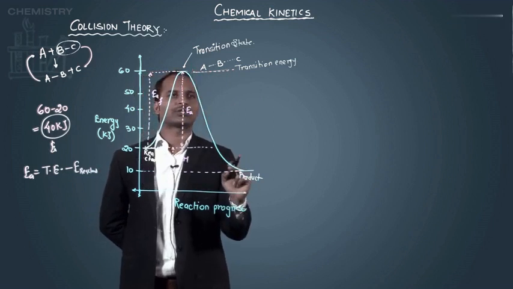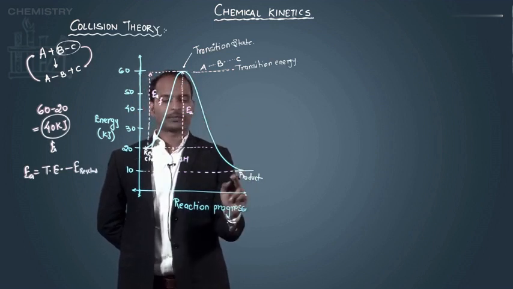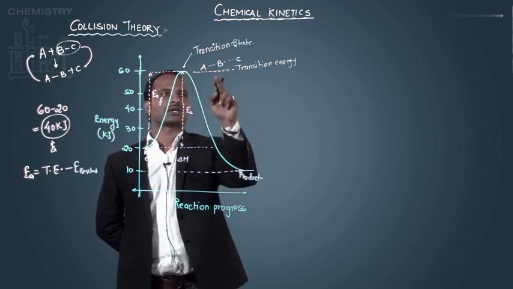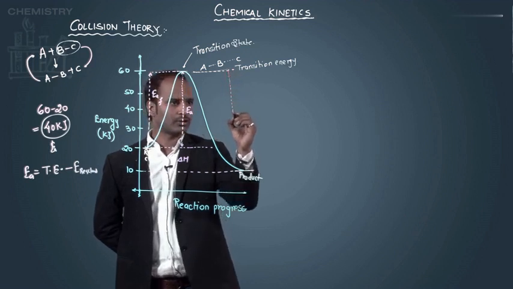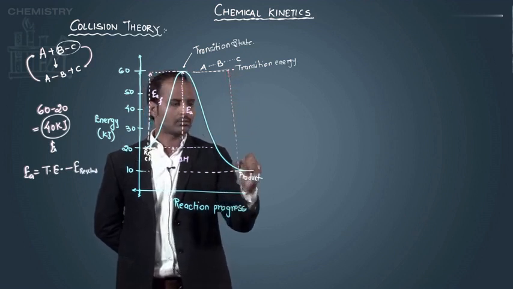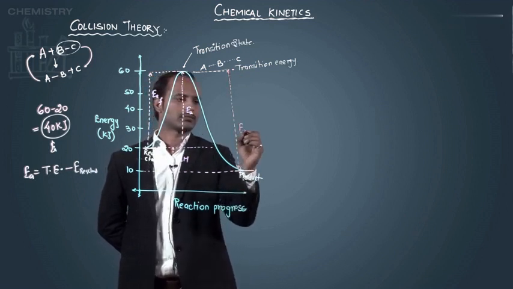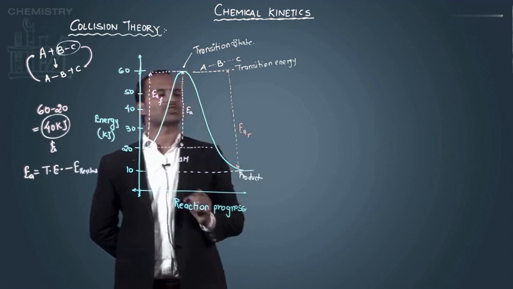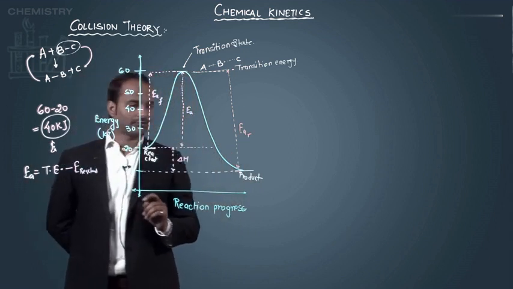So for a product, how much energy is required to cross this transition state barrier? The product is having 10 kilojoule of energy and 60 is needed. So this is the activation energy for the reverse reaction. So here we get a formula.